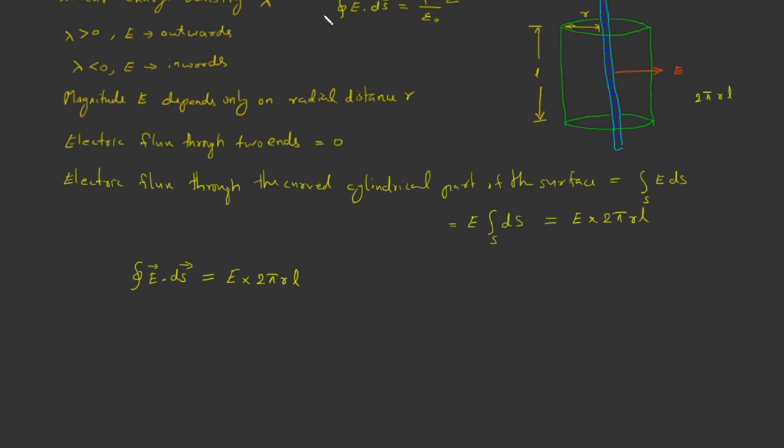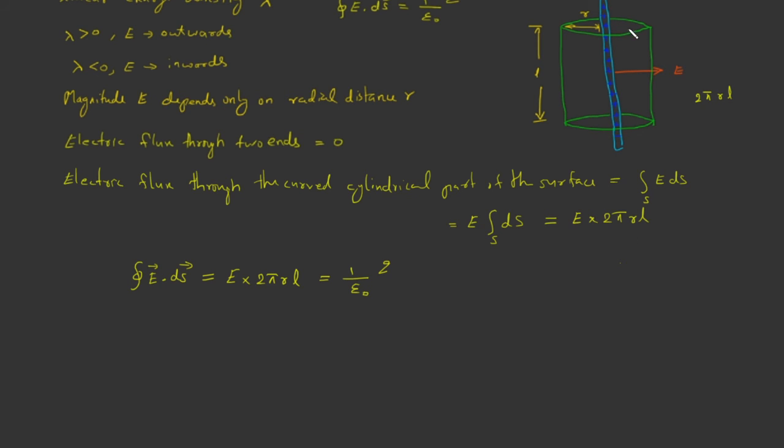Now we can apply Gauss's law, and according to Gauss's law, the electric flux through a closed surface is equal to 1 by epsilon 0 times the charge inside that surface.